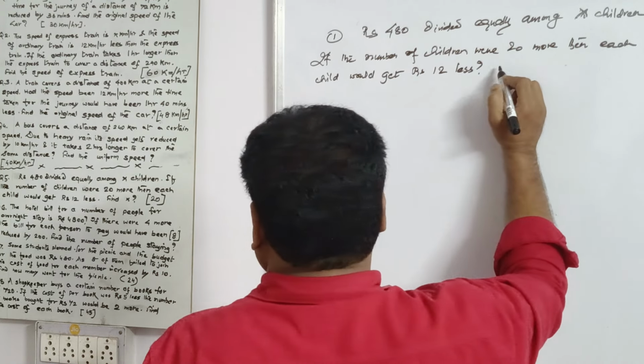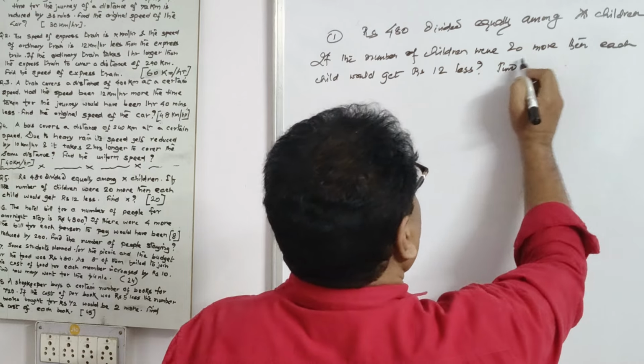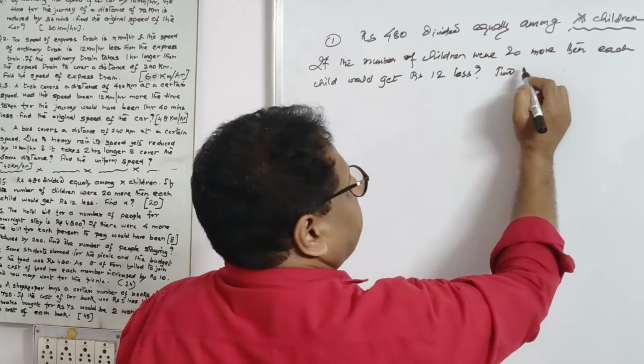Find this number of children, the original number.